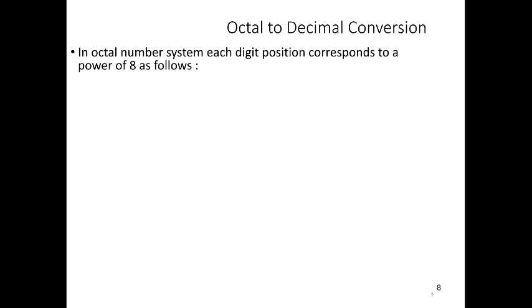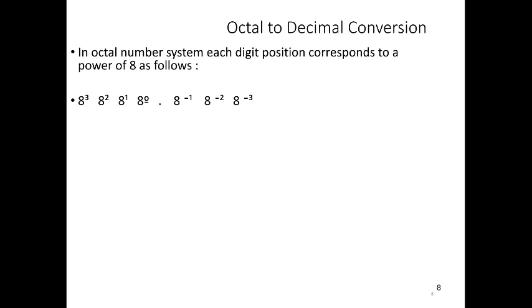But here you are trying to convert from octal to decimal, so you need to take 8. The positional weight you need to take as 8 to the power of 0, 8 to the power of 1 to the left hand side of your decimal point, and to the right hand side, the fractional part, you need to take 8 to the power of minus 1, minus 2 and so on.